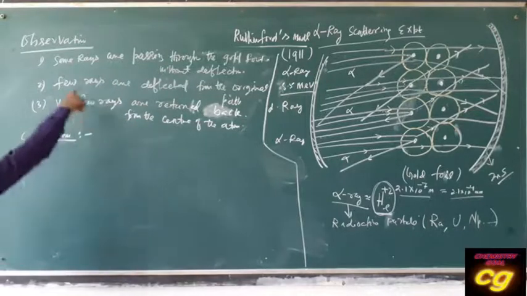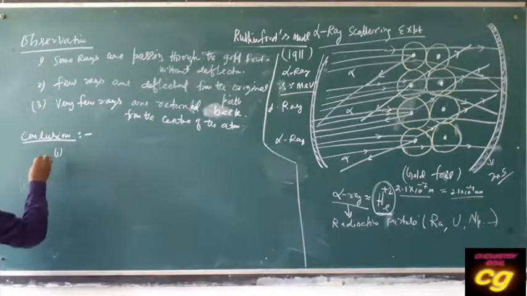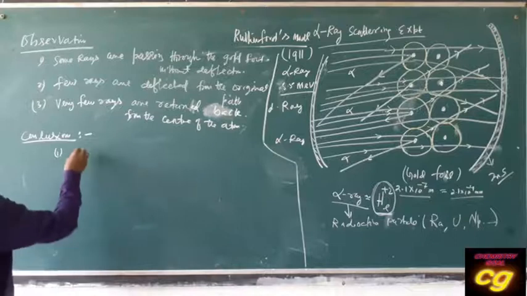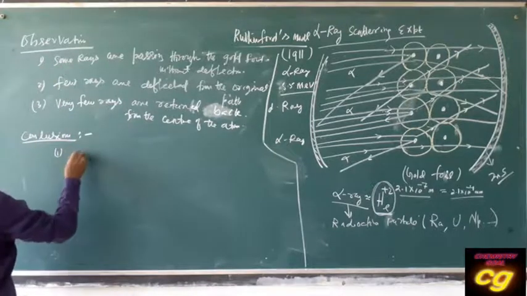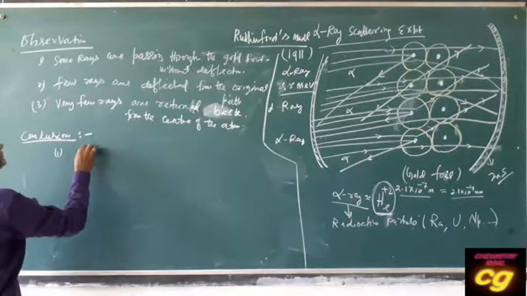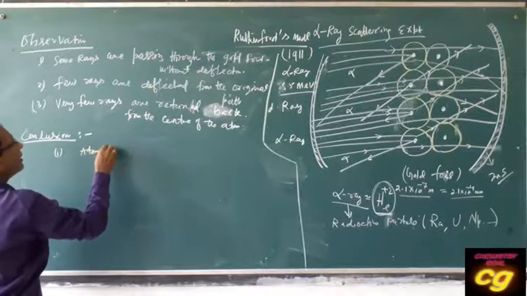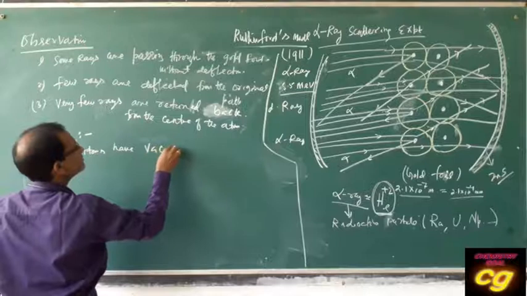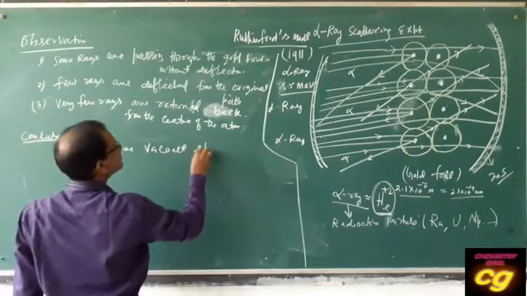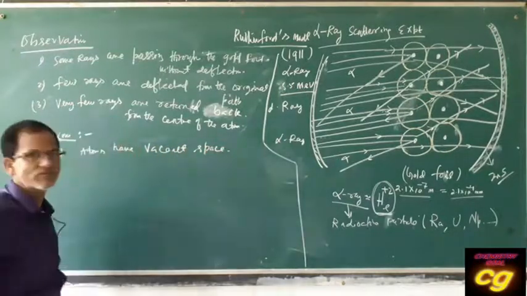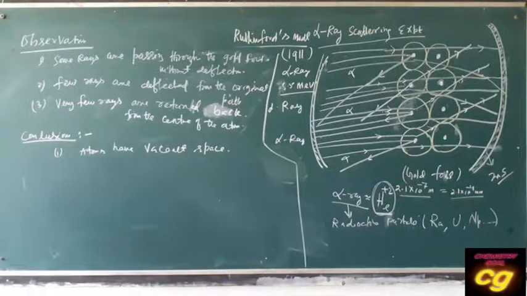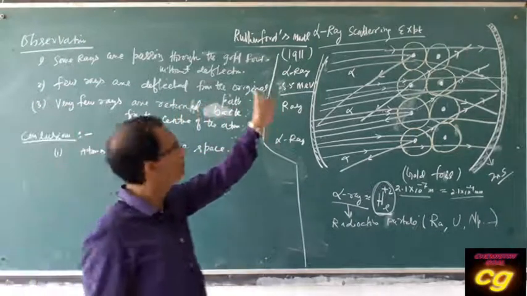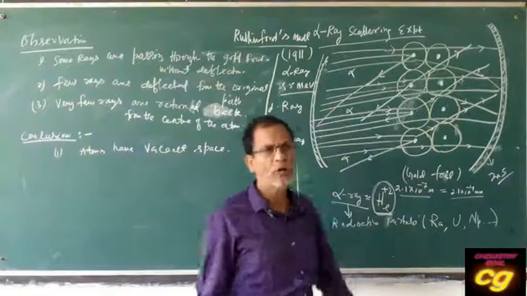What is the explanation of the first? First conclusion is regarding number one: atoms have vacant space. That's why the ray passes without deflection.